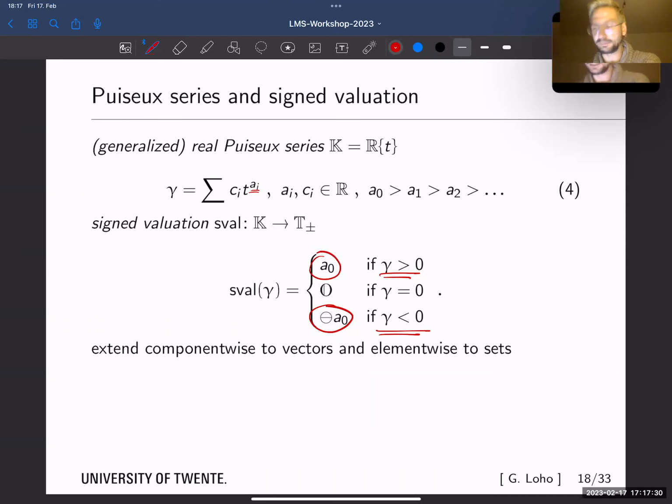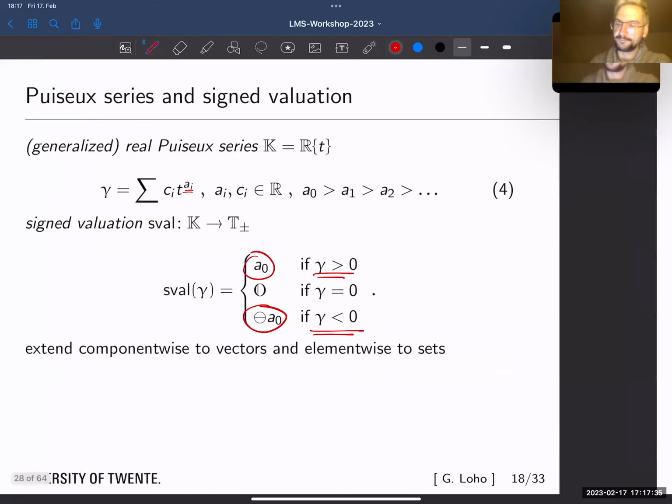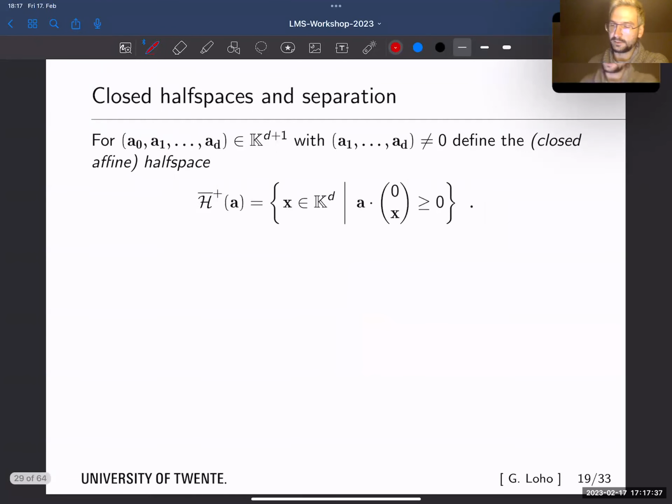And now let's apply this to closed half spaces. So a closed half space over the generalized real Puiseux series is just again a set: I take a linear form and look if it's non-negative.